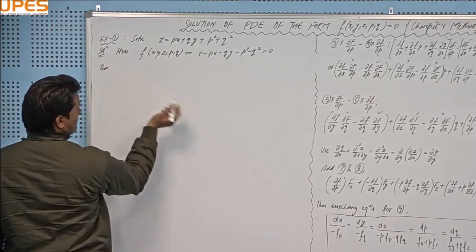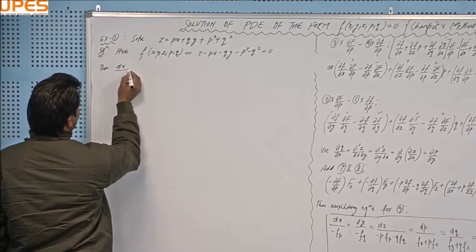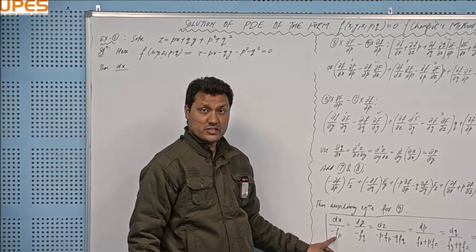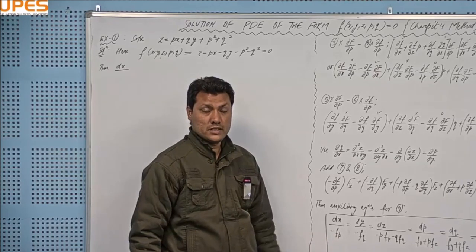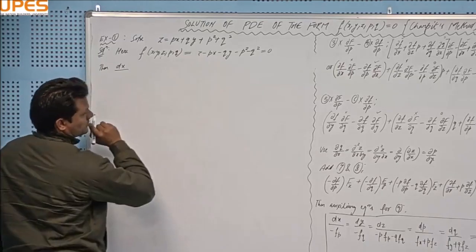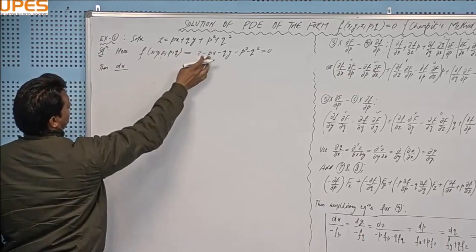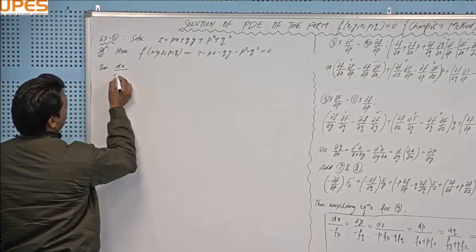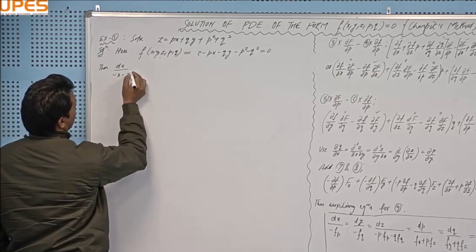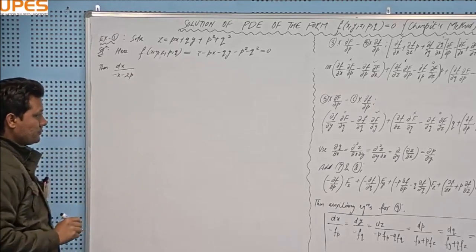Then I'm using the formula dx upon, see here, del f by del p means differentiate f partially with respect to p, right? Taking p as an independent variable. Del f by del p will be minus x minus 2p, am I right? Yes.